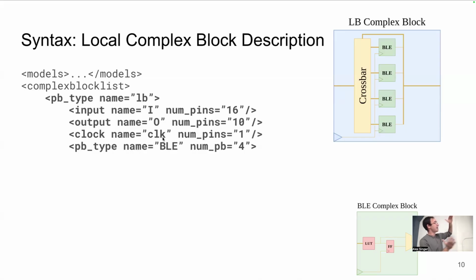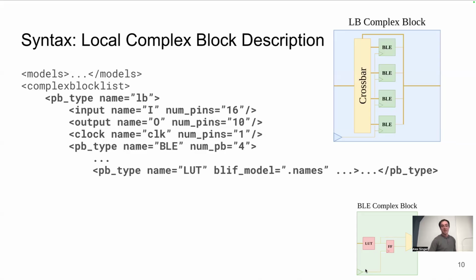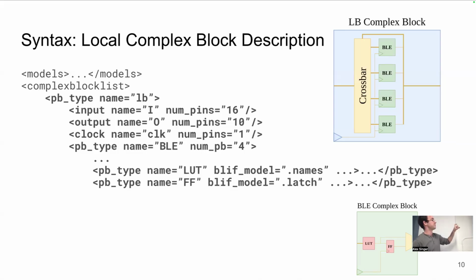Now, because this is a hierarchy, I'm going to describe what the PB types are like for the BLE. Well, again, we have our inputs and outputs. I'm not going to repeat that, but it's pretty easy to extrapolate what this is supposed to be. I have my input, my output, and my clocks. And then I have my PB types for both the LUT and the flip-flop.